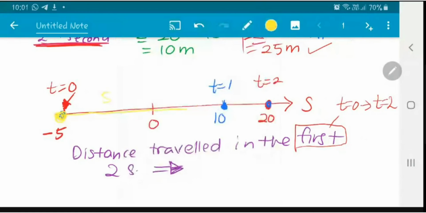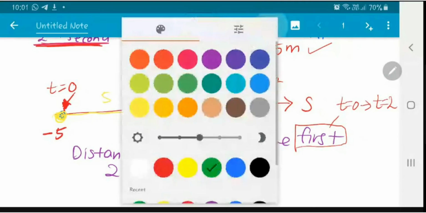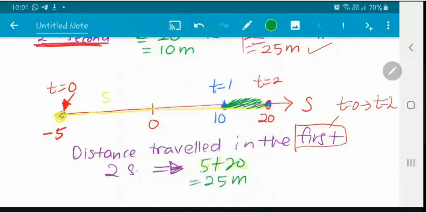Then here to here 20 meter. So 5 plus 20 dia jadi 25. Okay. So distance travel in the second dia cuma nak in the second je. S2 minus S1. Okay, S2 minus S1 dia yang ni je.